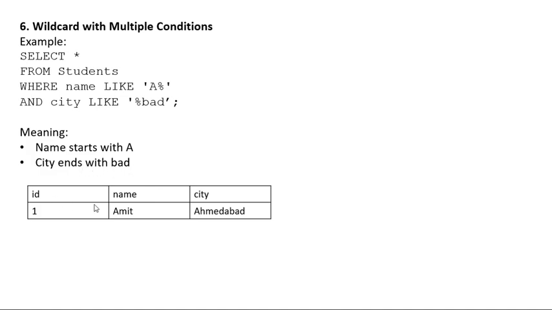The output is the name starting with A, Amit, and the city ending with bad, Ahmedabad, and this record is printed.